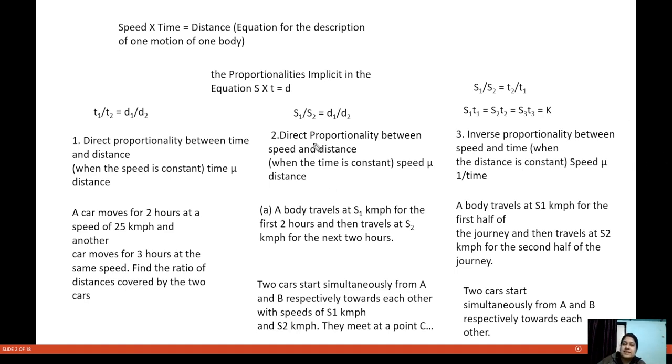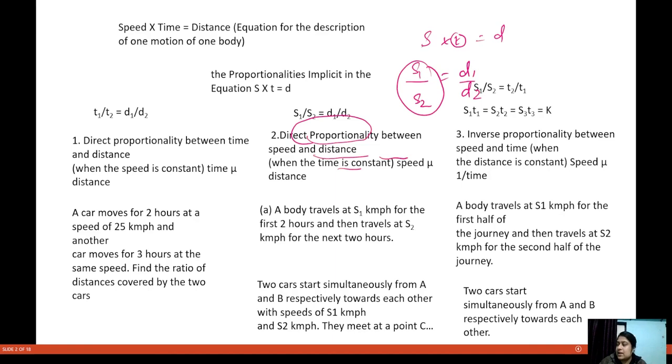Now let us look at the second equation. So we are saying that there is a direct proportionality between speed and distance when time is constant. Okay. So when time is constant, then also we get the equation S1 divided by S2 is equal to D1 divided by D2. Now where will we find the application of this equation? Okay.